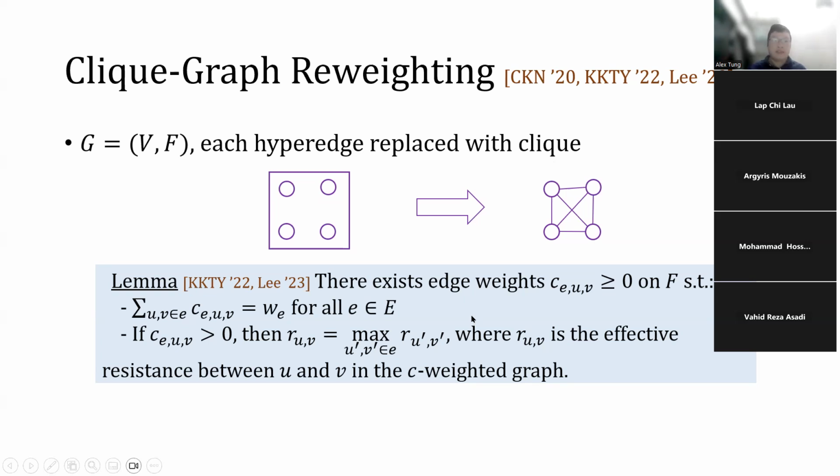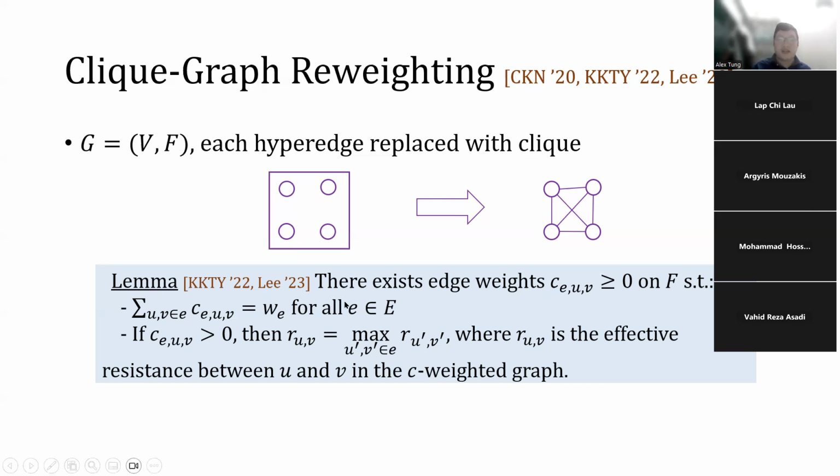So this lemma by Kapralov, Krauthgamer, Tardos, and Yoshida, and also by Lee, says that there exists a choice of edge weights, C_E,U,V. You can think of it as assigning a weight to each edge in the clique graph.